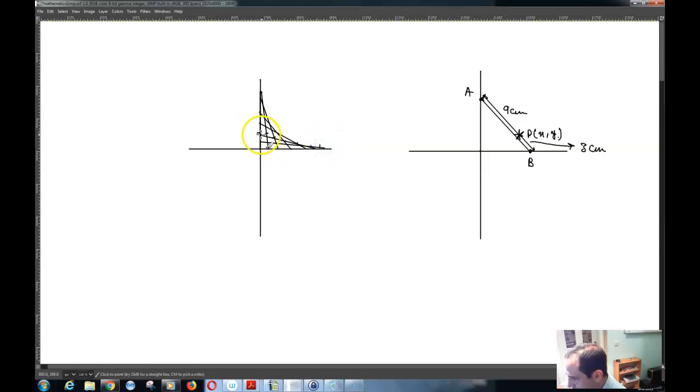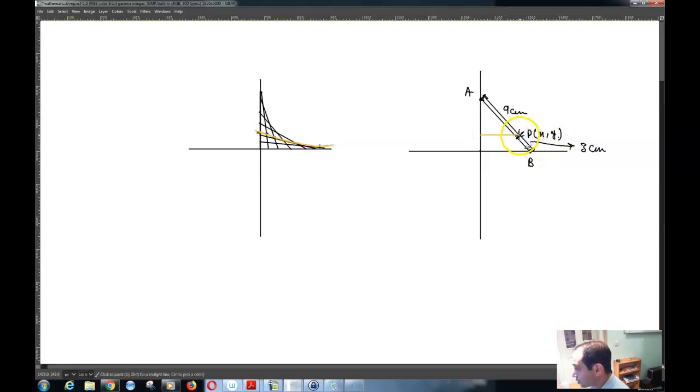So it's going to be this path over here. Whatever that is, I don't know, but that is a path, and I suppose we can find the equation of this path.